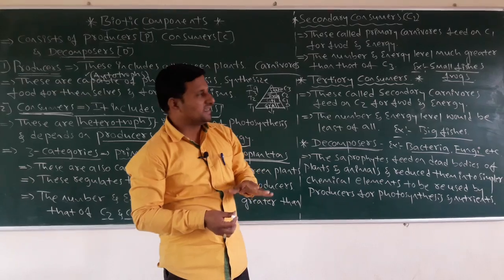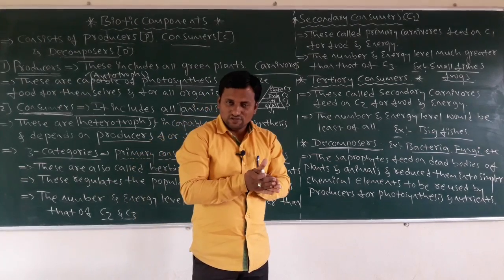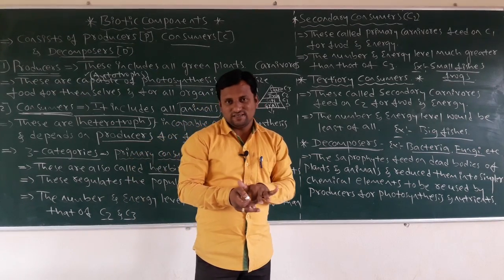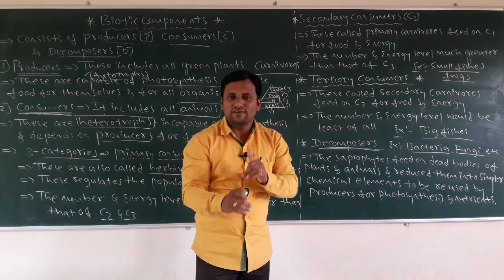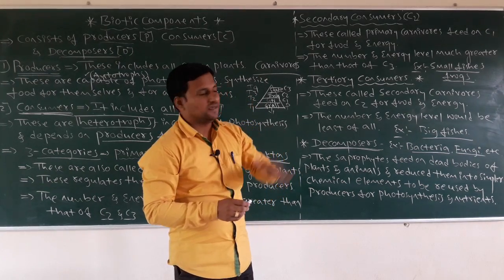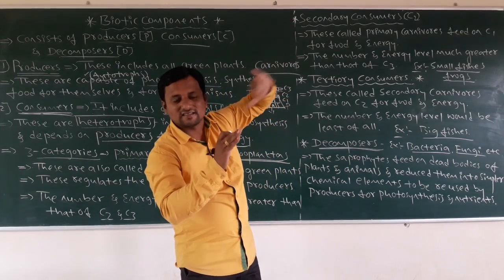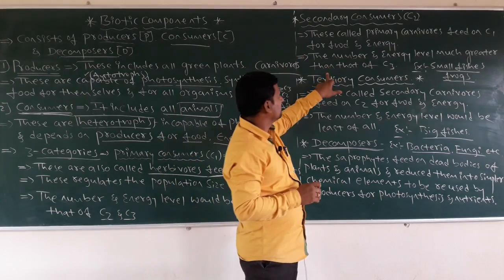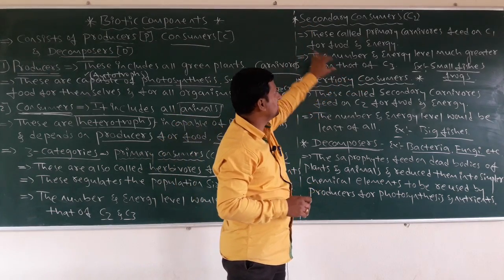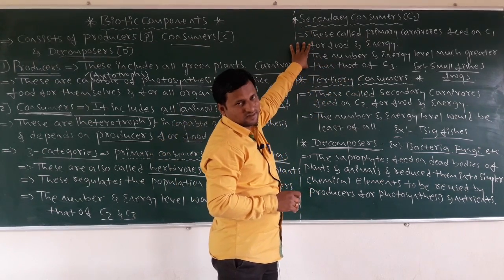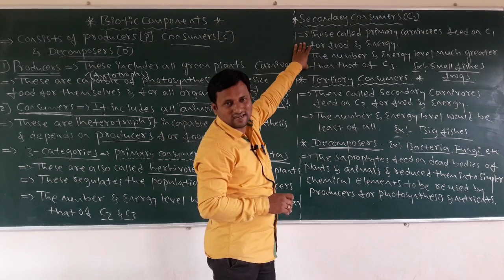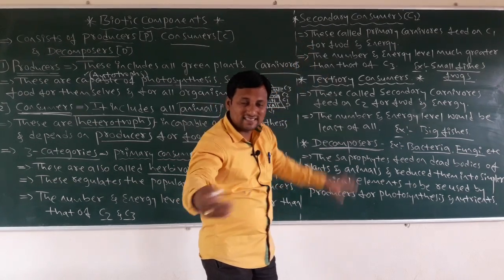So the C2 depends upon the C1, and C1 depends upon the producers. In this way the pyramid starts. Next, this is secondary consumers, or we call it primary carnivores. Then goes to C3.